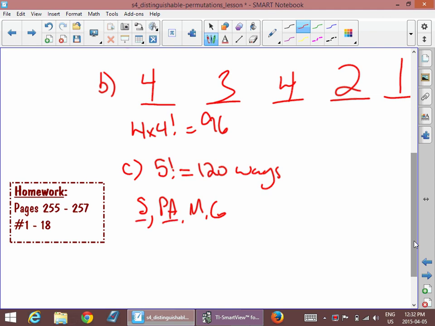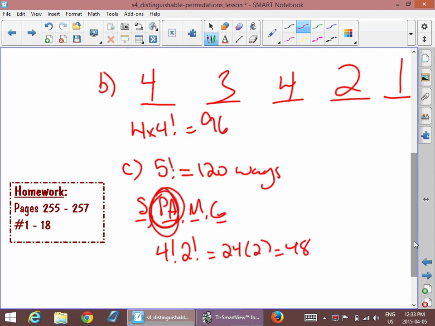So we have 1, 2, 3, 4 dogs to arrange, so that's 4 factorial. Then, because we have 2 dogs in this unit that's together, we multiply that by 2 factorial. 4 factorial is 24, times 2 is 48. So there's 48 ways where the 2 are together.